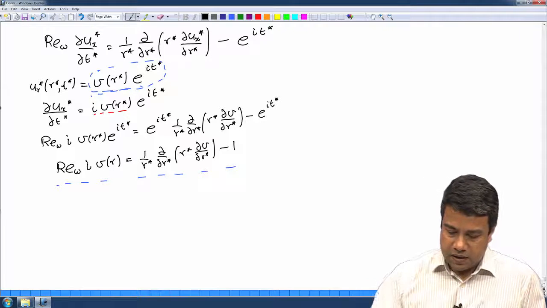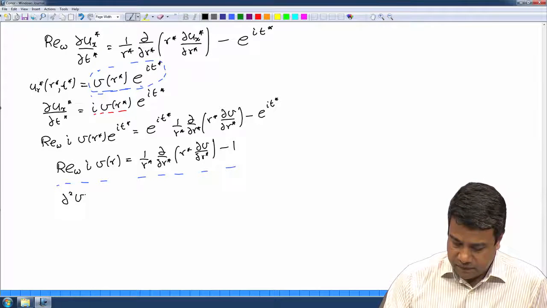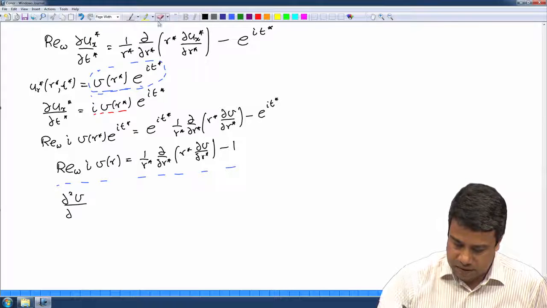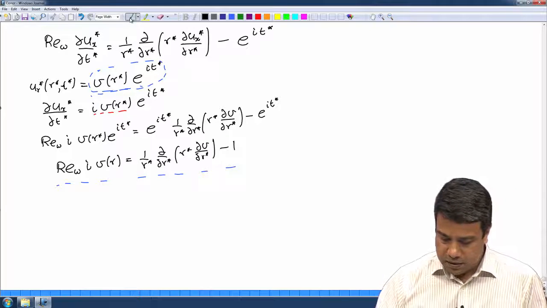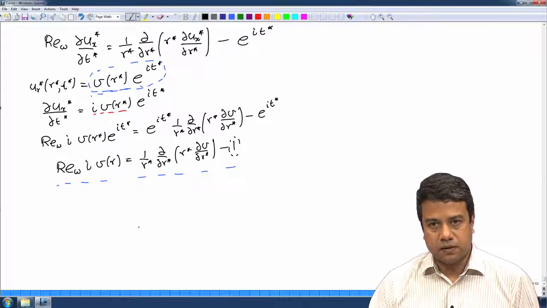So, I can simplify this equation a little bit. Let me do it in steps. I can take the inhomogeneous term to the left side.